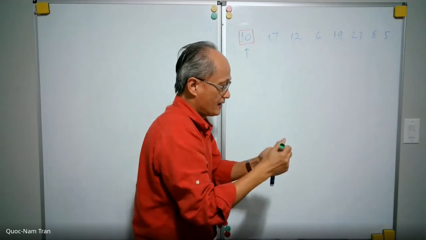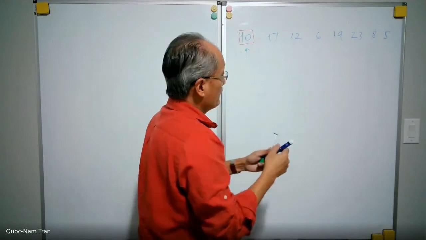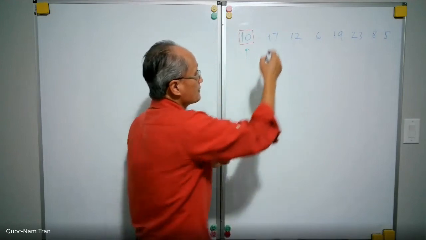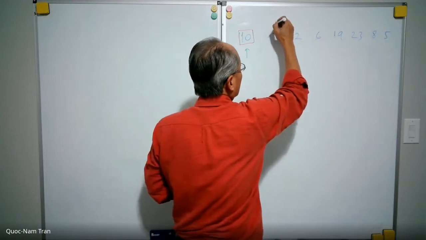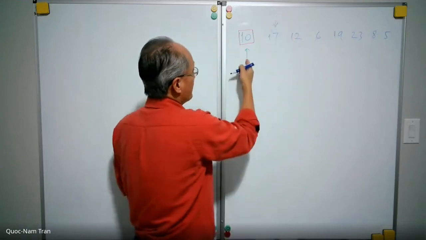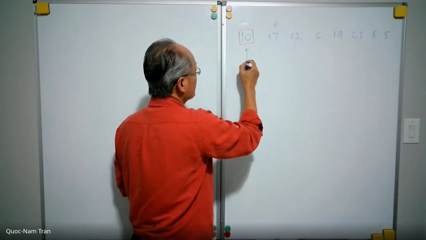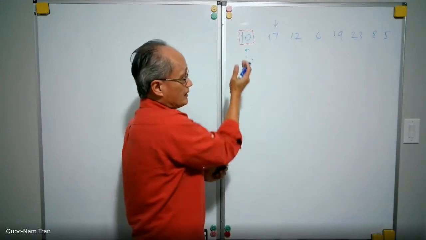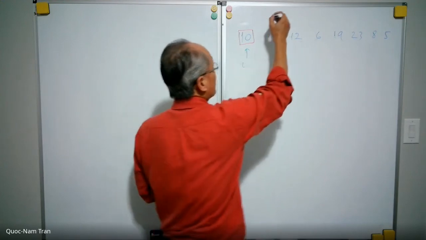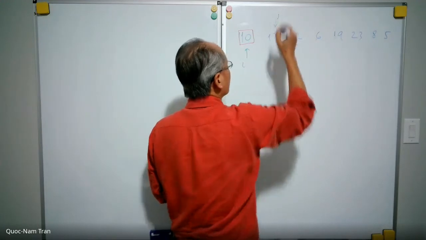And then I will use another pointer. This one I call the I pointer, for keeping track of the left wall. This one I call the J pointer, okay?